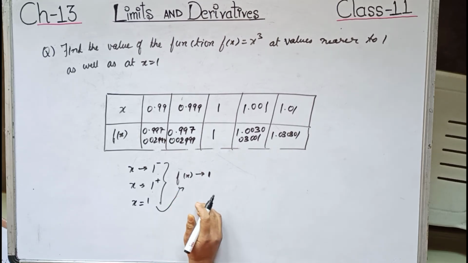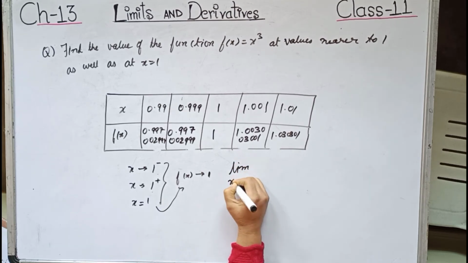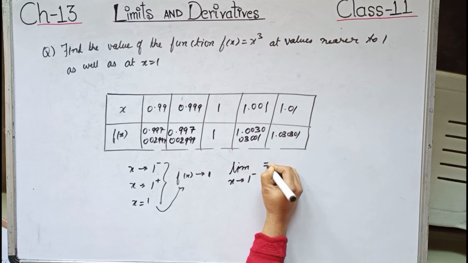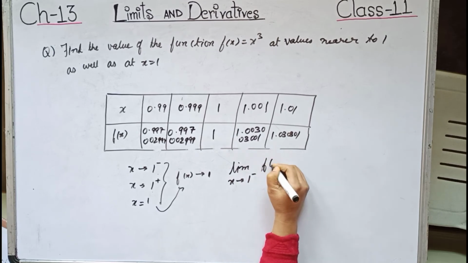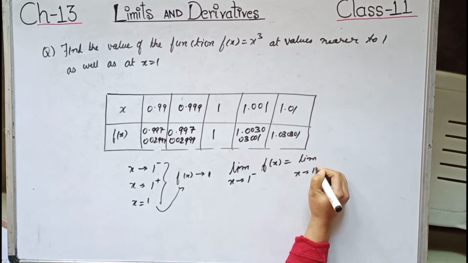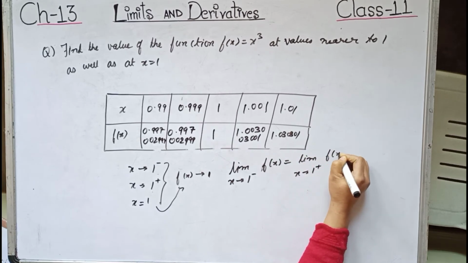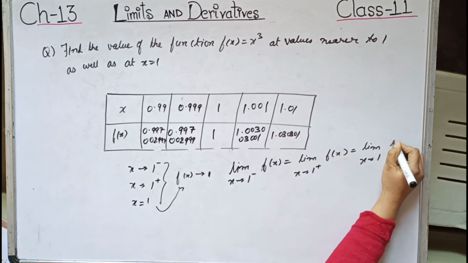hand limit. So over here we can say that limit x tending to 1 minus f(x) equals to limit x tending to 1 plus f(x) equals to limit x tending to 1 f(x).